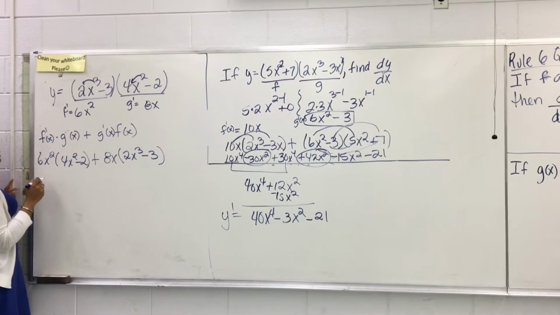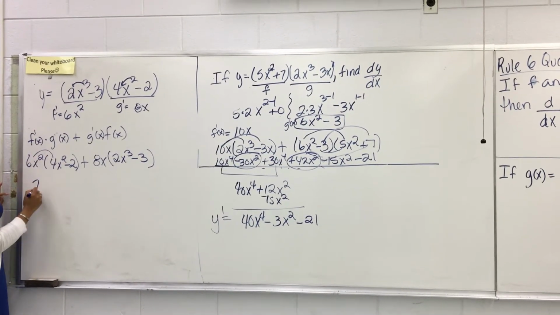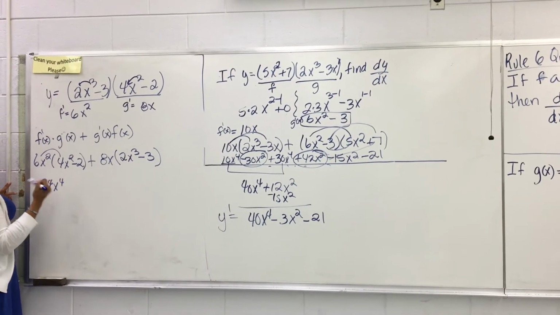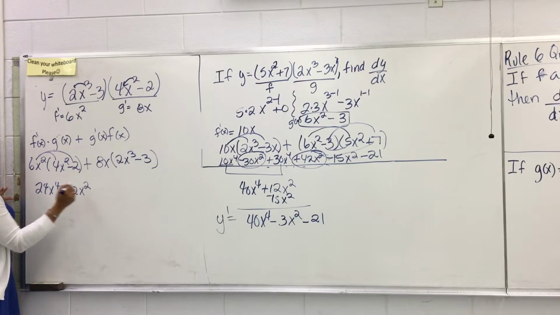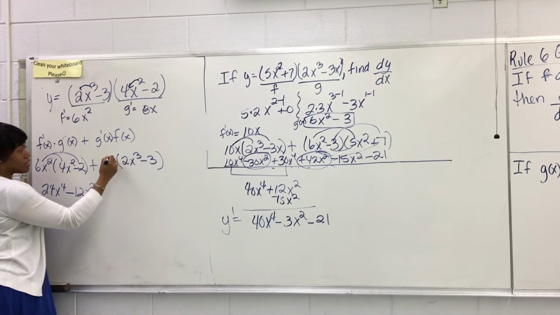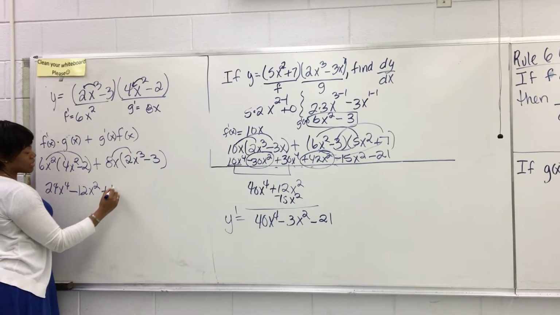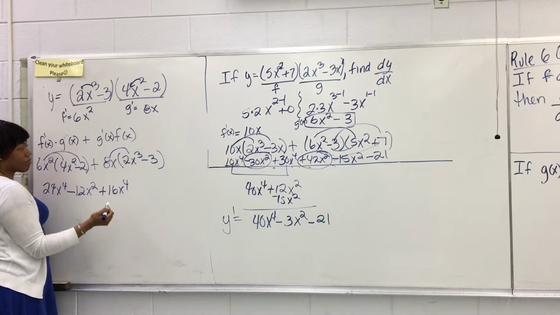So I need to distribute. So this will give me 24x to the 4th, right? Minus 12x squared. Then distribute the 3. This will give me a plus 16x to the 4th, right?